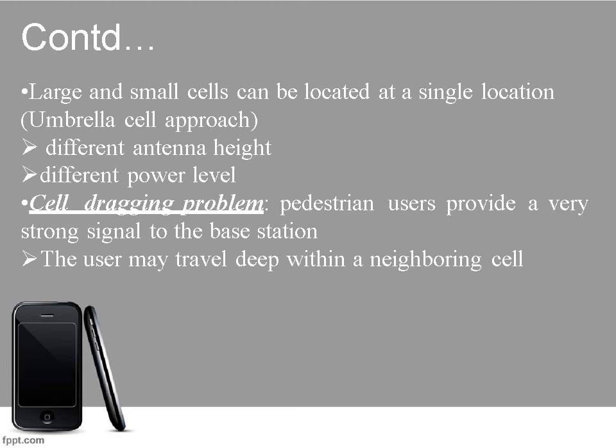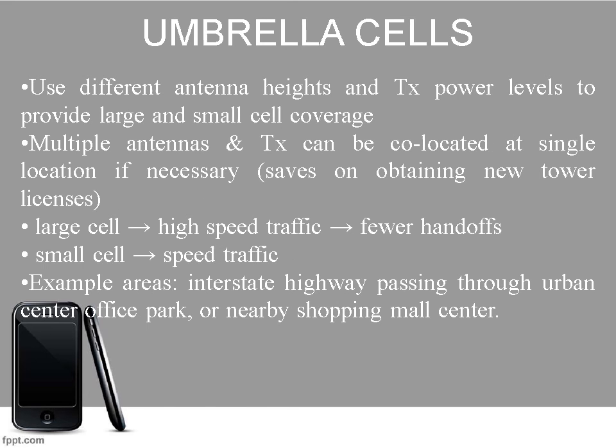Large and small cells can be located at a single location, which is called the umbrella cell approach, with different antenna heights and different power levels. The cell dragging problem is that pedestrian users provide a very strong signal to the base station, and the user may travel deep within a neighborhood. So the umbrella cell uses different antenna heights and transmitter power levels to provide large and small cell coverage.